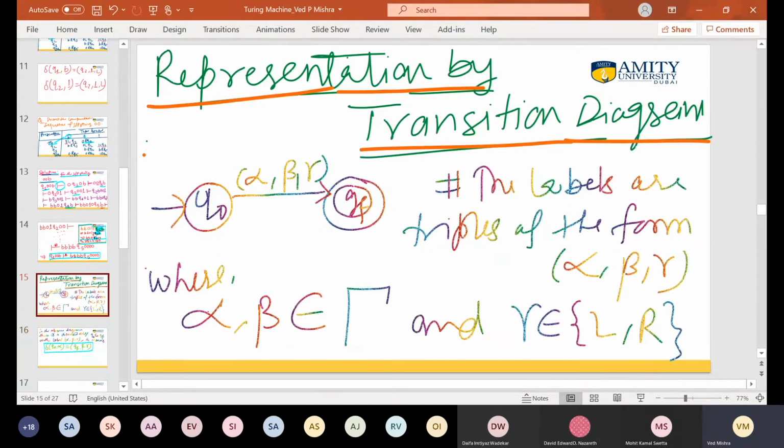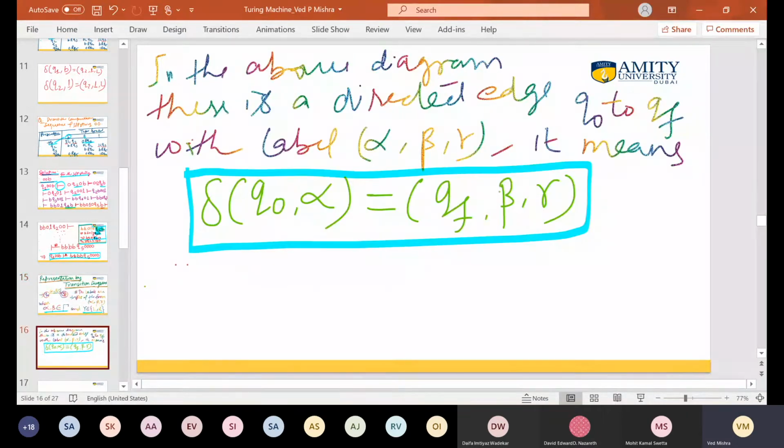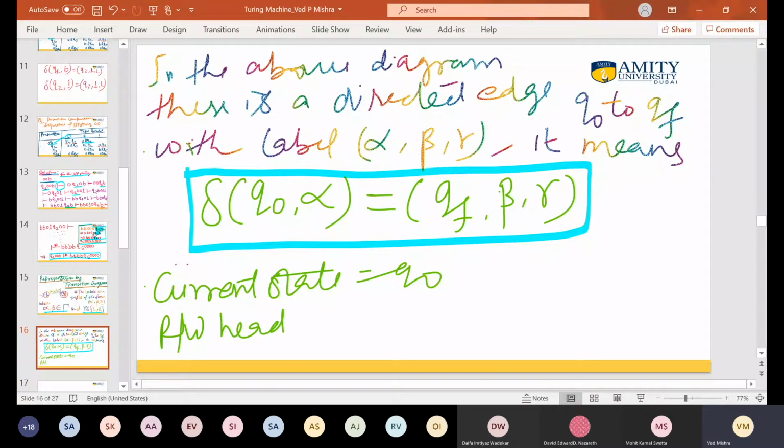So delta of Q0, alpha means your current state is Q0, and the read-write head scans the symbol alpha.